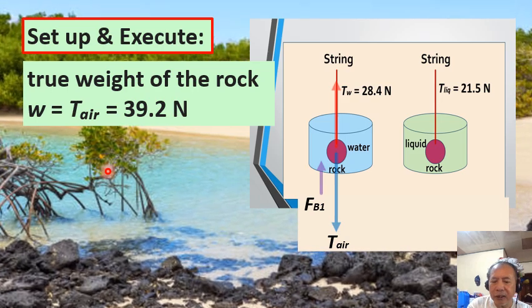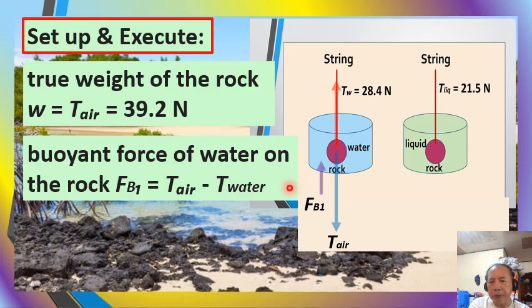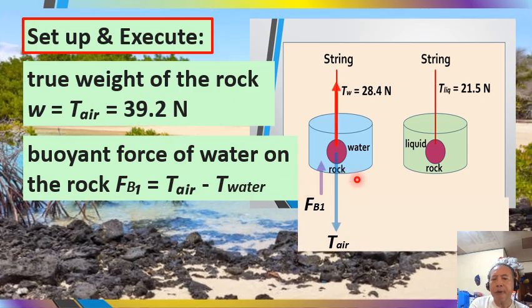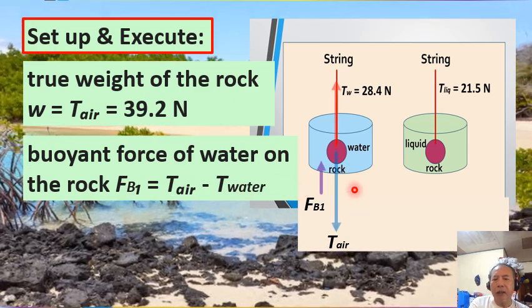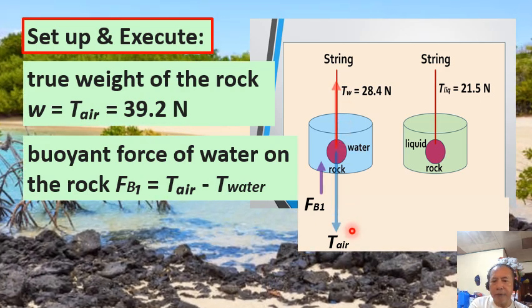Now, since the rock is in static equilibrium, the sum of the upward forces must be equal to the downward force.